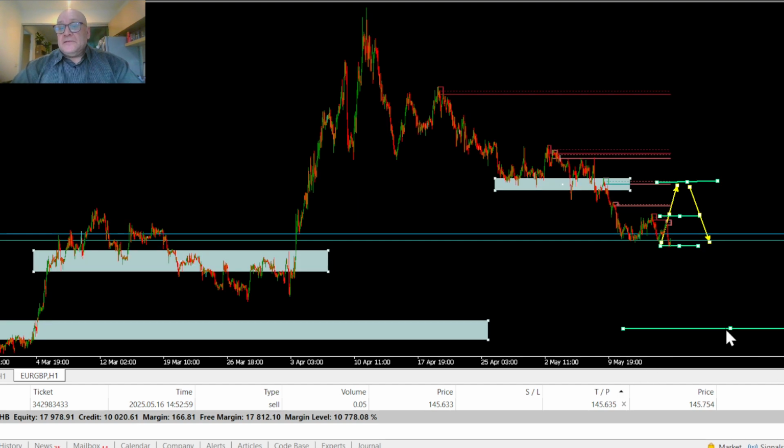So when it comes down to the sell, what you do is take profit from the sell, probably at this support. Take profit of the sell.